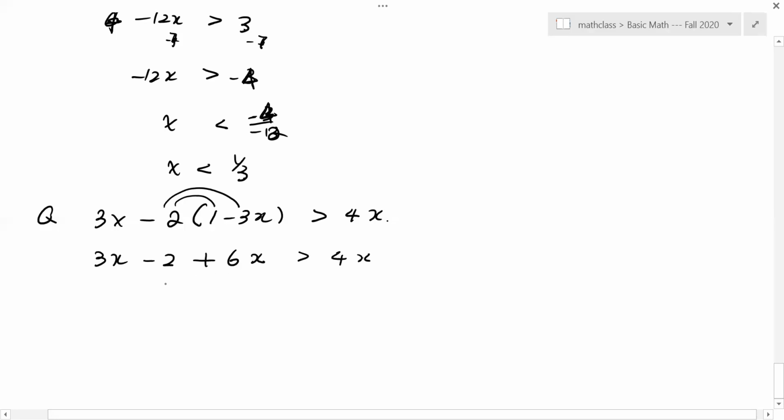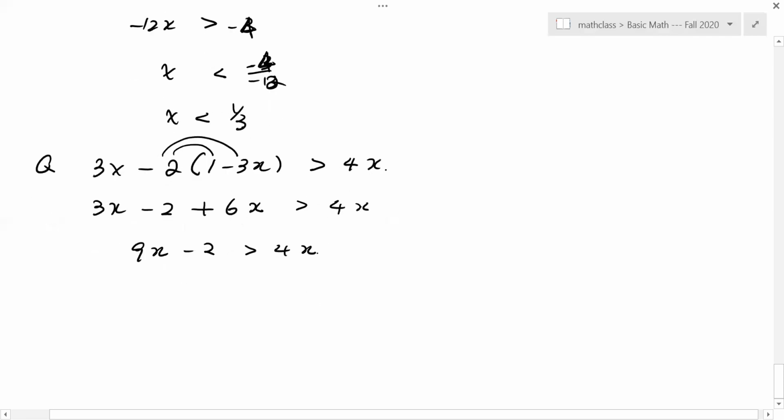I'm going to simplify the left-hand side first. 3x plus 6x is 9x minus 2. Then I'm going to add the 2 to both sides. So 9x is greater than 4x plus 2.